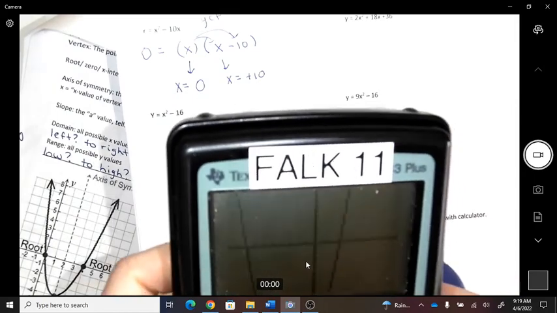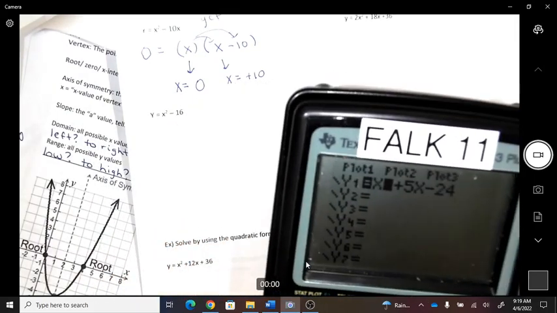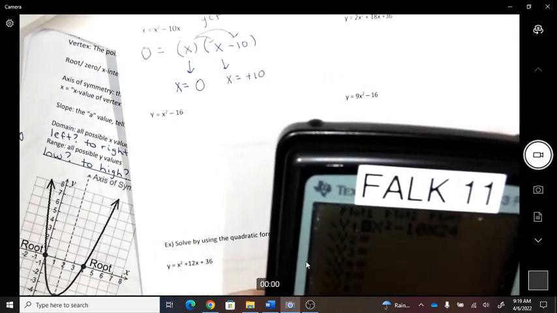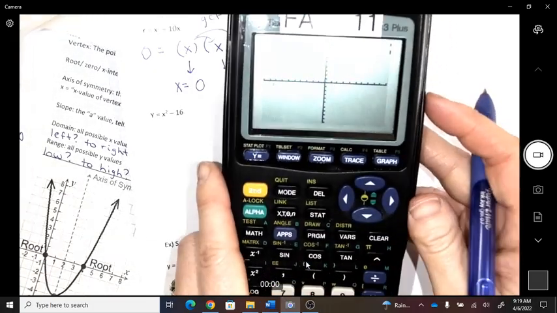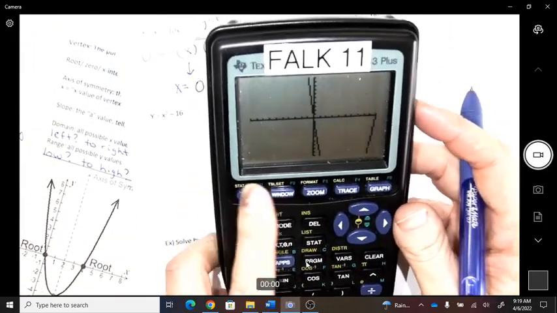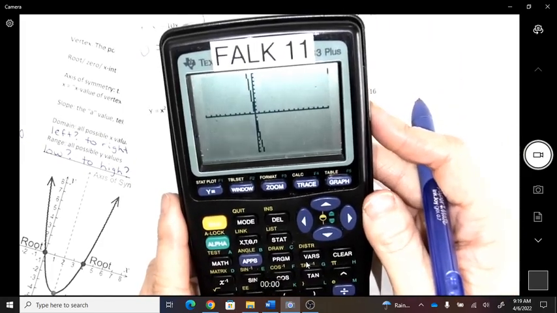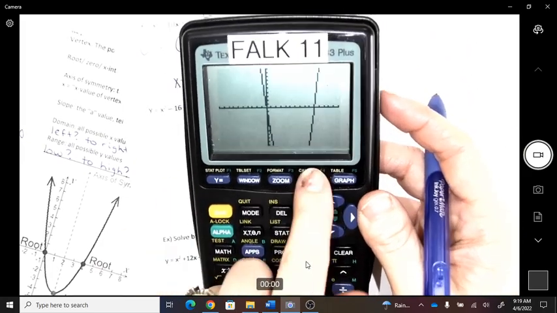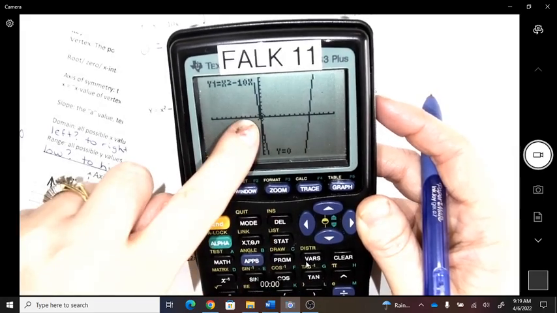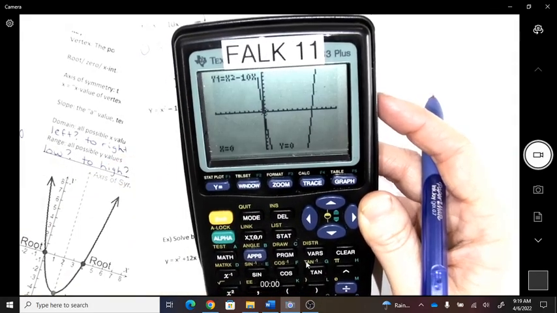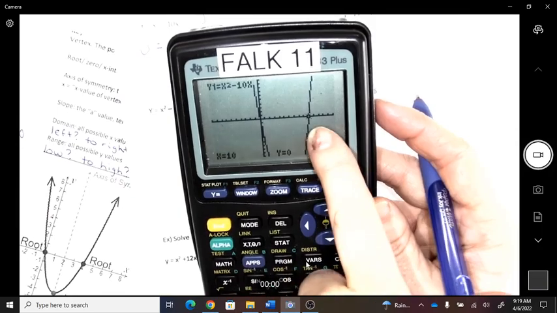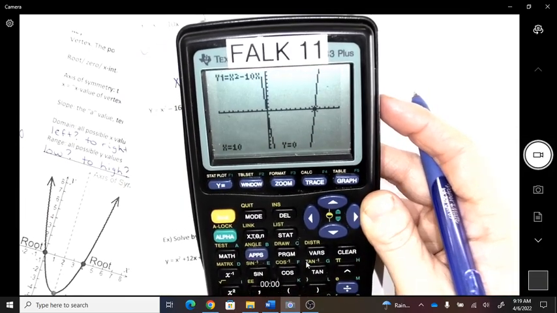Okay, I'm going to graph it. That's fine if you aren't here. Just to show you. So here's this one. You can see where it's crossing. So it crosses right here at 0 and at 10. That's what it did.